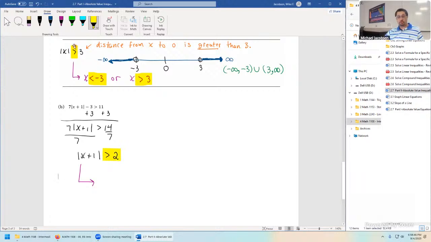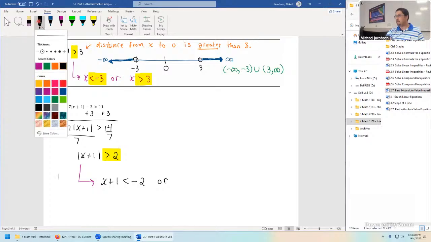Because it's greater than 2, it's going to converge into this one, not the triple-sided inequality at all. We're going to get x plus 1 is, this inequality sign flips on us, it's now less than. 2 flips, it's now a negative 2, flips in sign.